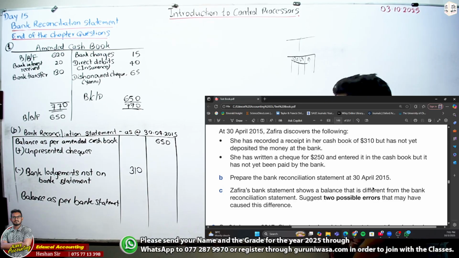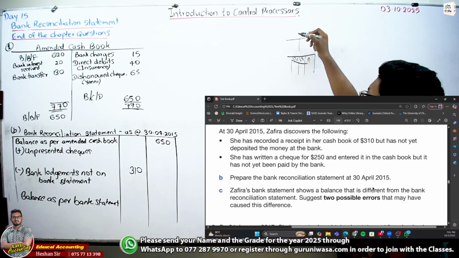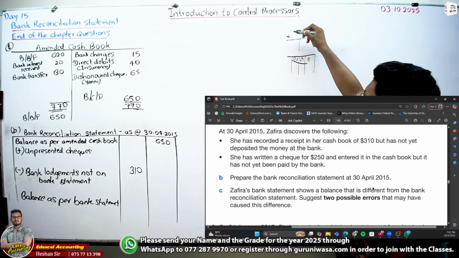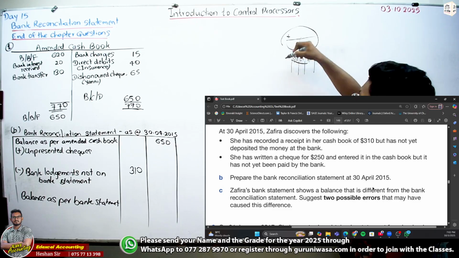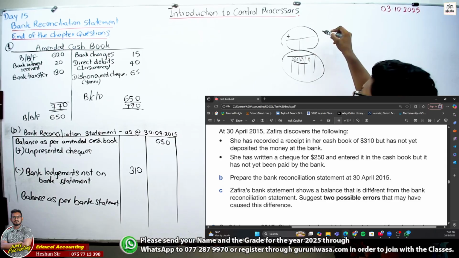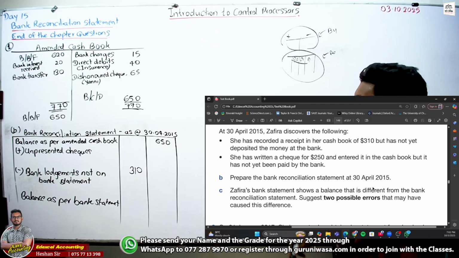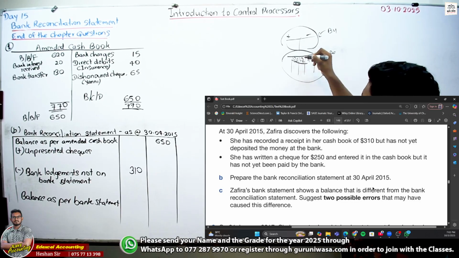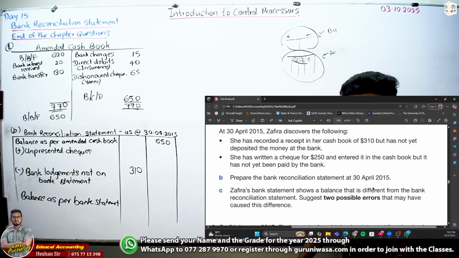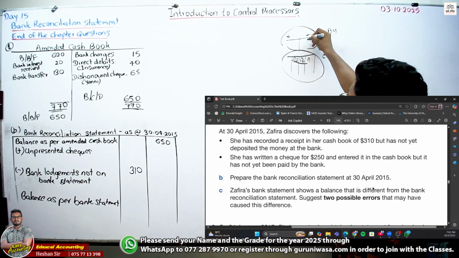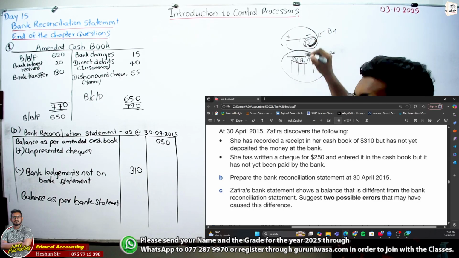Now it's like this. When we prepare the bank account, this is the business books, this is the bank book. This is the business, this is the bank. This is the increase side and decrease side, because of the asset principle. This is the increase side and decrease side, the liability principle. When we issue a check, we credit the business bank account.